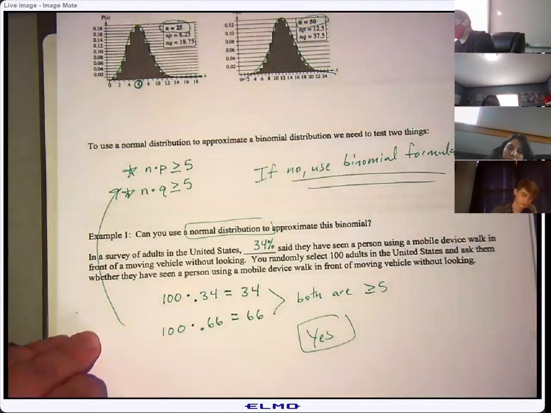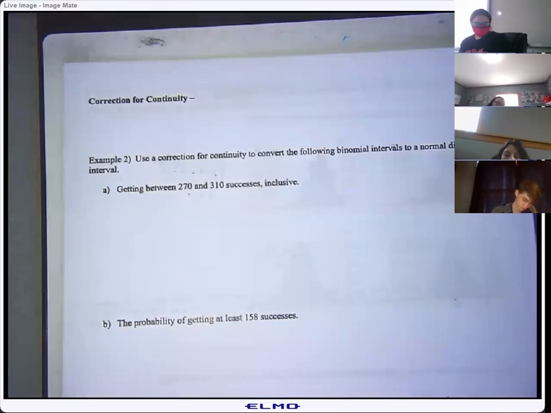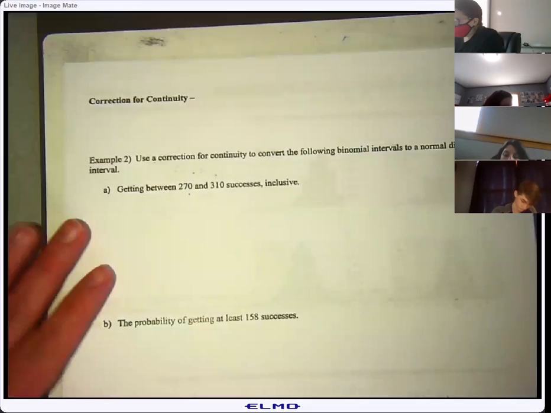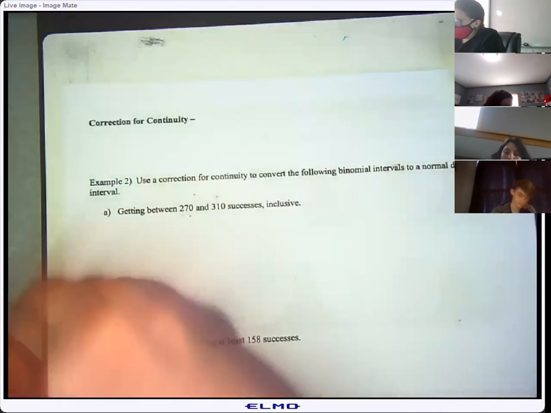Now, this seems like a pretty easy thing, but it's actually a little bit tough, because you've got to figure out how to use a correction for continuity, which is difficult to understand. So we're going to draw a picture to help you understand it. We're going to take this nice and slow, which is why we're breaking this into 2 days.